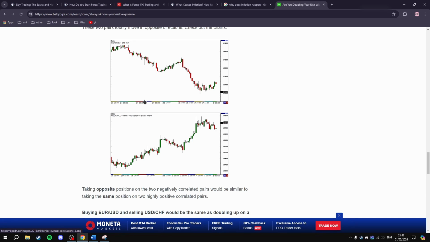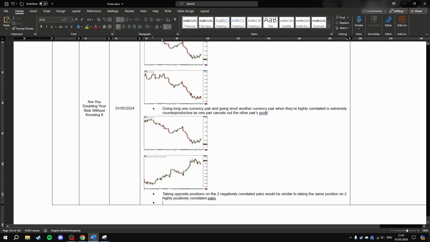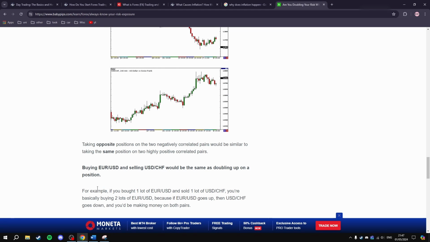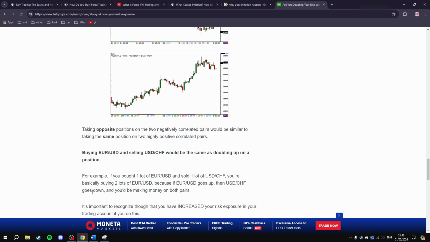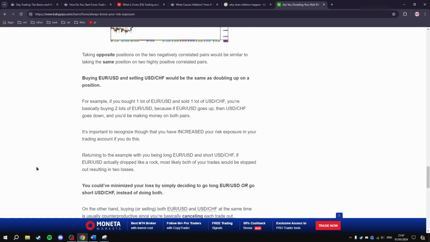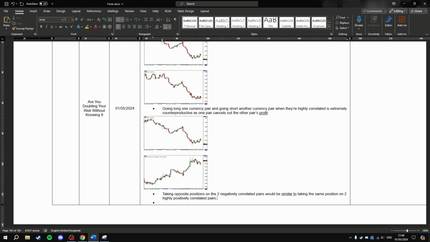So yeah, same theory here. Buying Euro USD and selling USD CHF would be the same as doubling up on a position. For example, if you bought one lot of Euro, you have increased your risk exposure in your trading account if you do this.